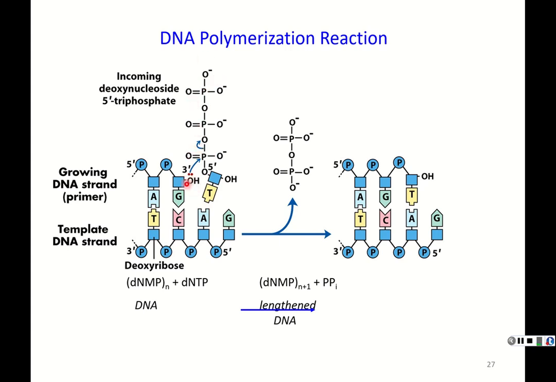This free 3' hydroxyl will undergo nucleophilic attack on that alpha phosphate, the first phosphate group. That nucleophilic attack will make the beta and gamma phosphates leave together, so that's the pyrophosphate. In terms of how mechanisms go, this is a pretty simple mechanism.